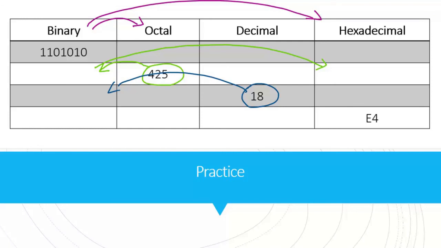And once I have my number in binary, groupings of 3 will give me octal, groupings of 4 will give me hexadecimal. You can, of course, choose to take your decimal value and convert directly to octal and directly to hexadecimal using the technique we just covered.